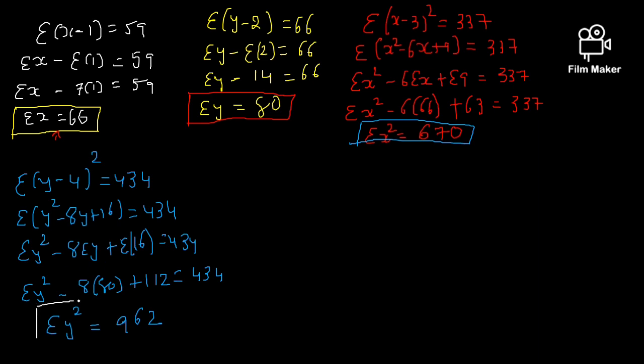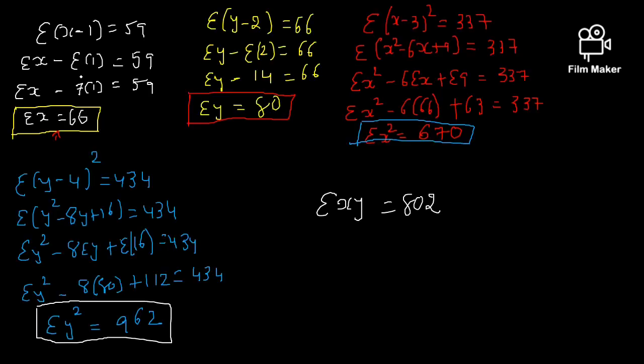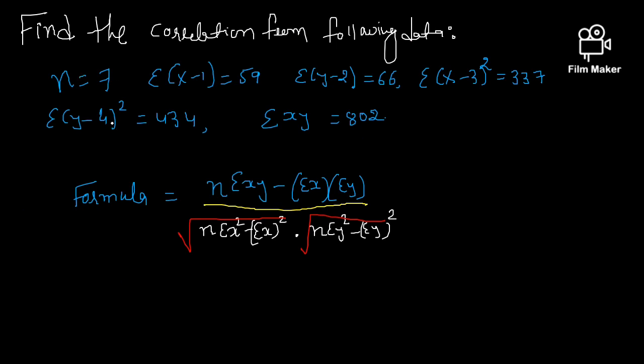That's the information. Now we have all the information to solve our Karl Pearson correlation. Sigma xy has already been provided in the question itself, which is 802. So let's put these figures into the formula, where n is 7 and sigma xy is 802.